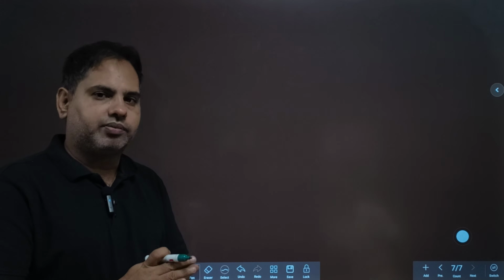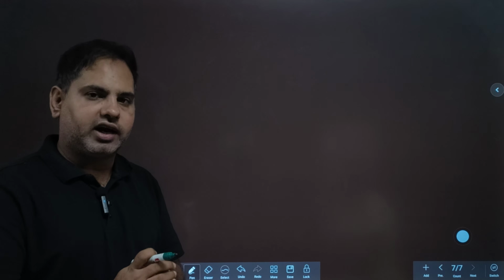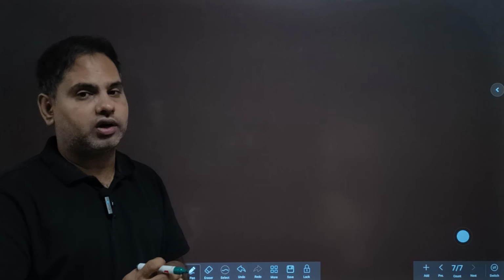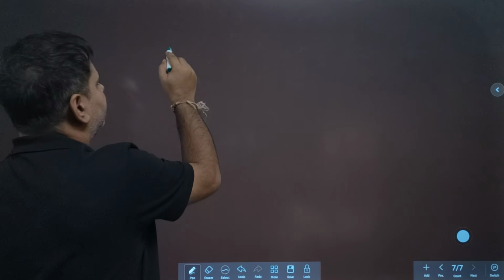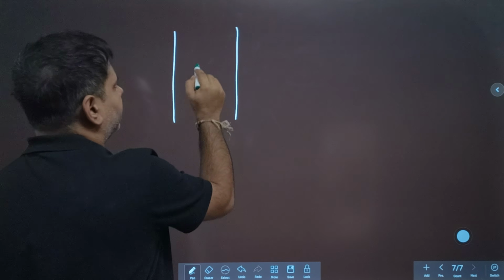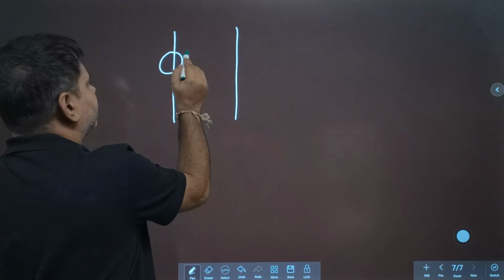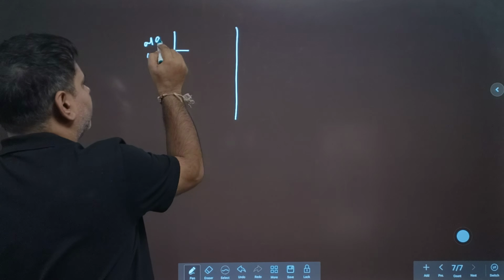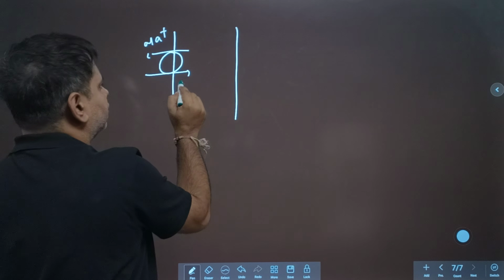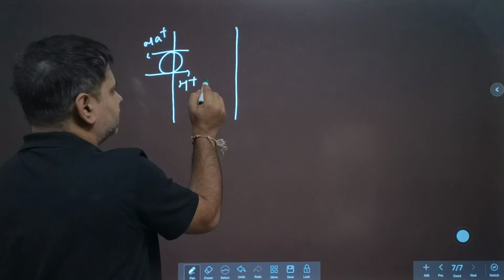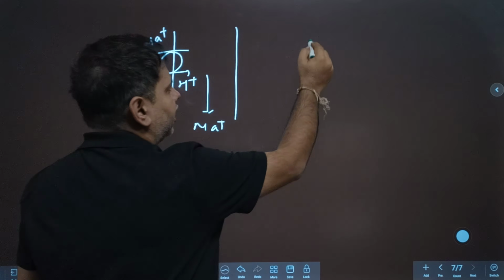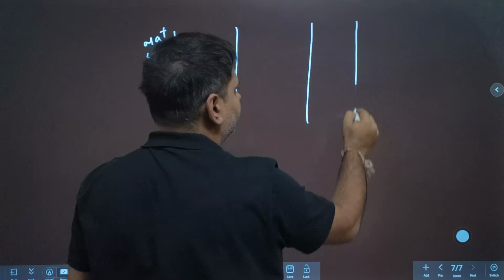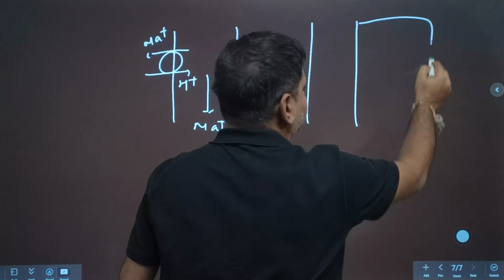So as I said, carbonic anhydrase inhibitors could result in hypokalemia. How does it happen? In the proximal convoluted tubule, if you are giving carbonic anhydrase inhibitors, this channel is going to be affected, the sodium and hydrogen exchanger. So your sodium is going to the next part, and in the distal convoluted tubules also there are cells.